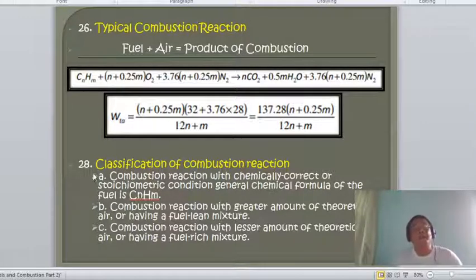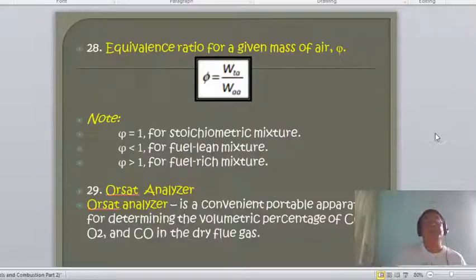Another is the combustion reaction with a lesser amount than theoretical air, meaning the amount of air needed is below the stoichiometric or theoretical air needed. So, I think it is clear.